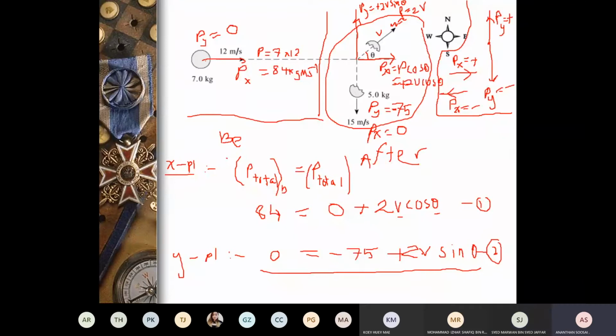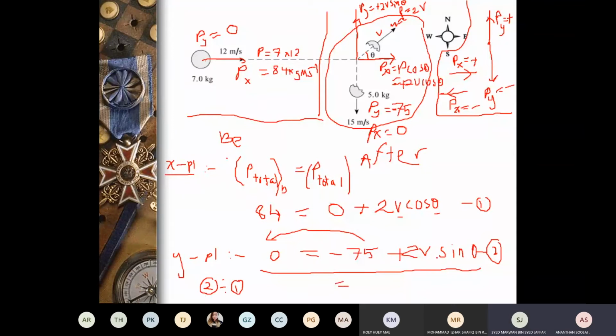What is the easiest way? I think divide. 75, you bring to the other side. Bring this 75 here. Then you can solve the answer. Then you do 2 divided by 1.